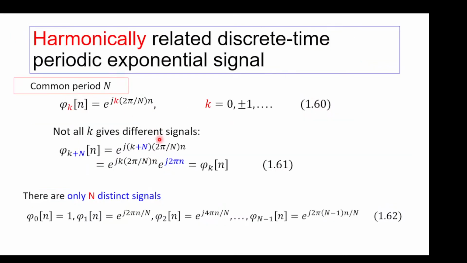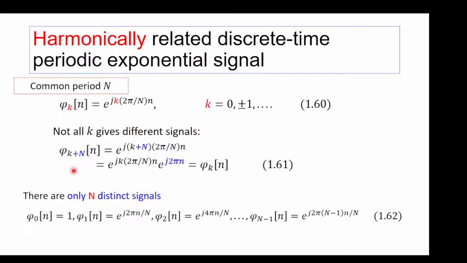But just like what we said before, for the frequency of a discrete signal, everything going over 2 pi doesn't really make sense. So the frequency, which is k times 2 pi over N here, if it goes over 2 pi, then you are going back to the same frequency.